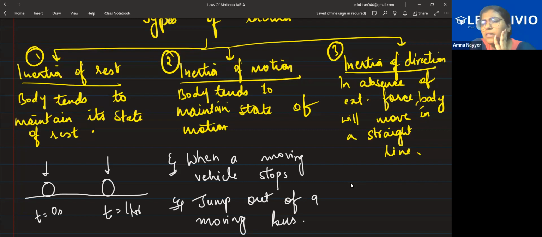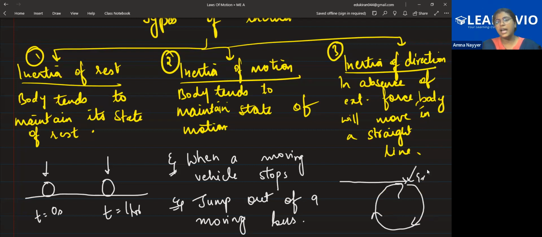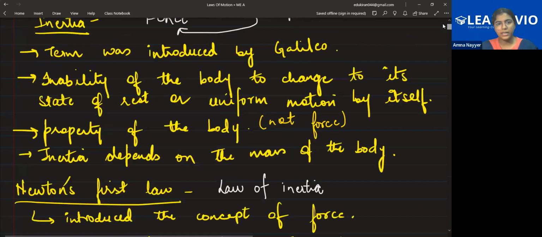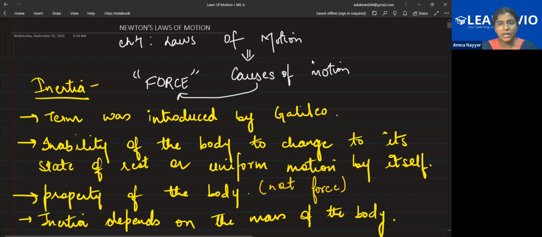And inertia of direction means in the absence of an external force, a body will move in a straight line. Means if a body is moving in a straight line, for it to complete a circle and go in this direction, there has to be some external force acting in this direction. This is all about Newton's first law, which is important. Start writing. Any doubts, please let me know.